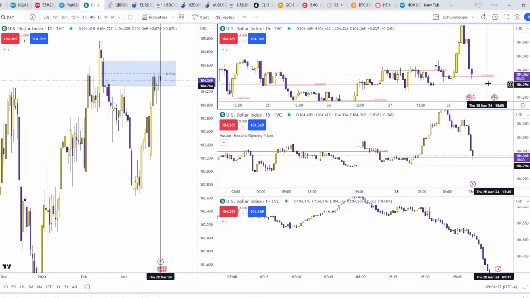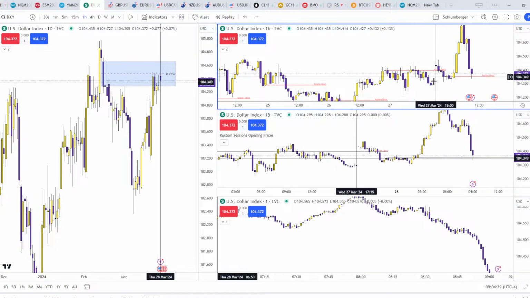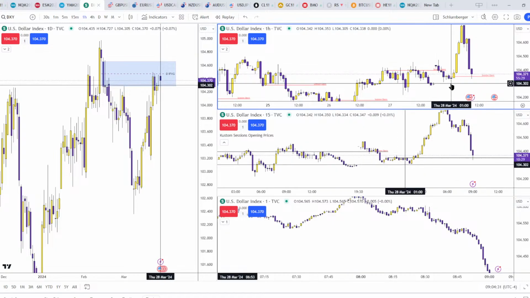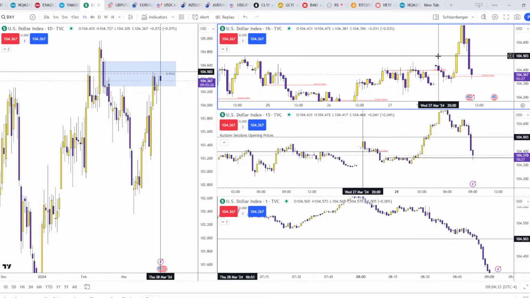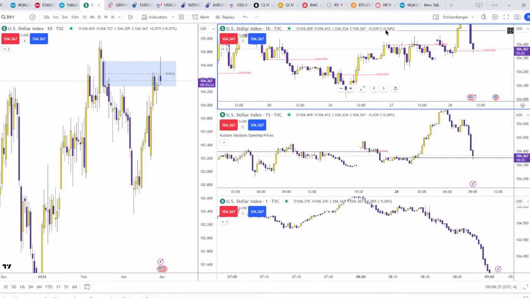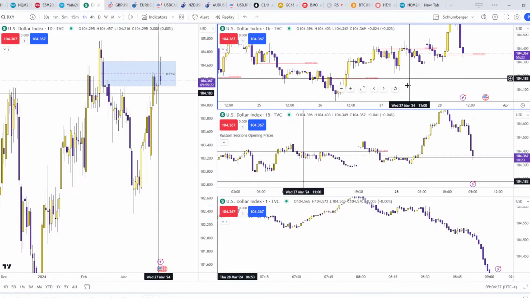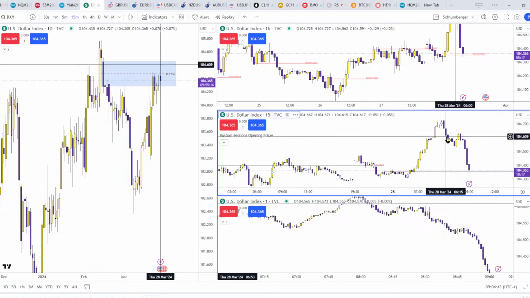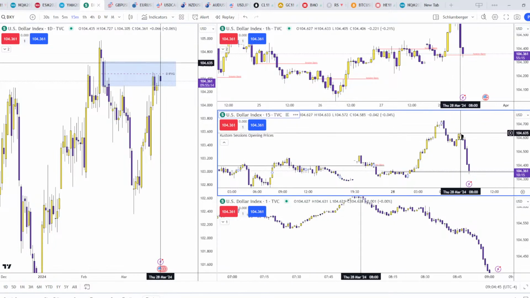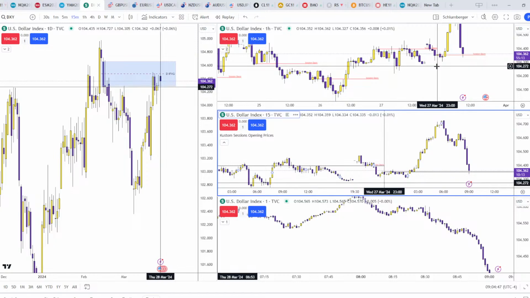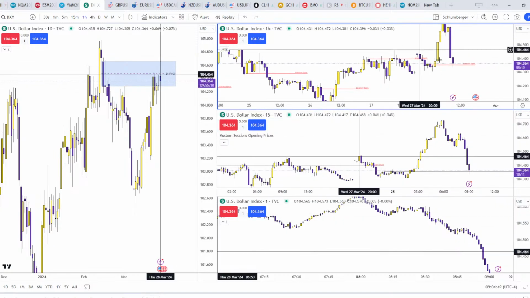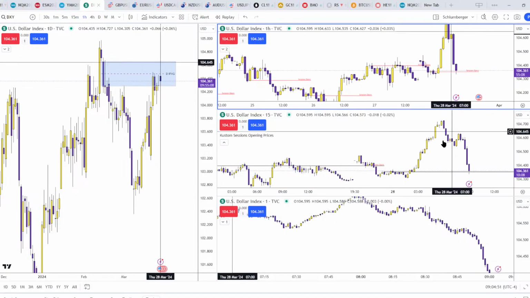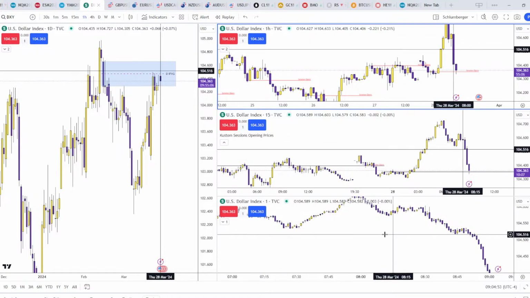Revisit back into this breaker or this gap. On the 15-minute, that reversal you can see right here. The body breaks below it right here, trades back inside it, and you're getting short. So sometimes you can't catch them on the 1 hour, but on the lower time frames, you certainly can.